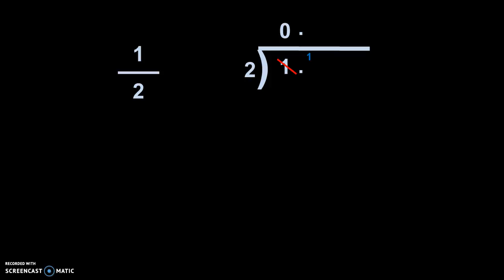At this stage we have to input zeros so that we can continue our division process. So now we say 2 into 10. Now the answer to that is 5. So a half equals 0.5.